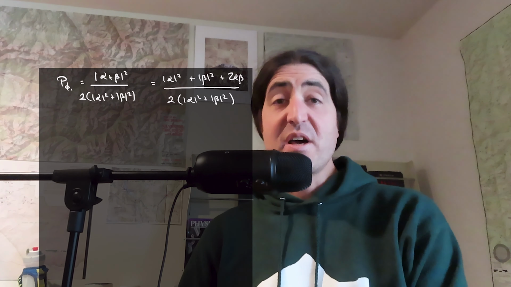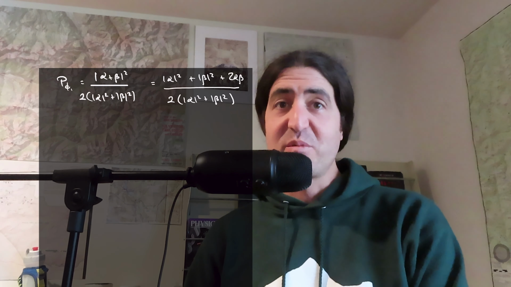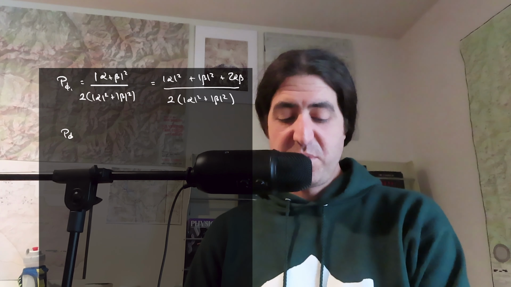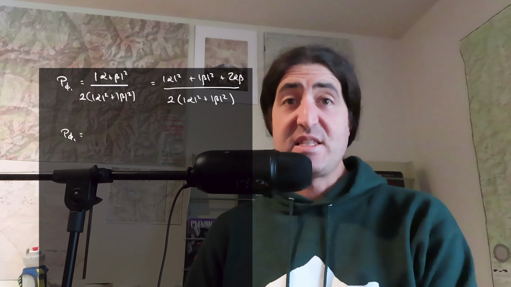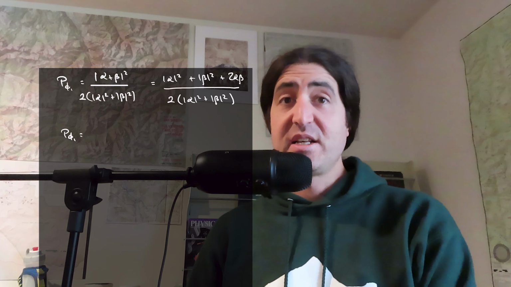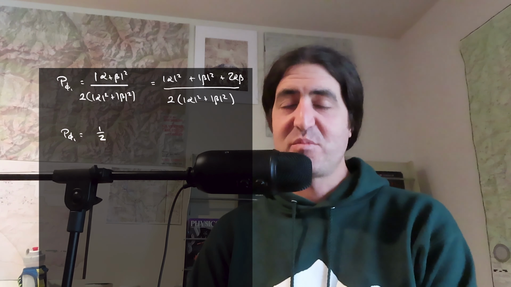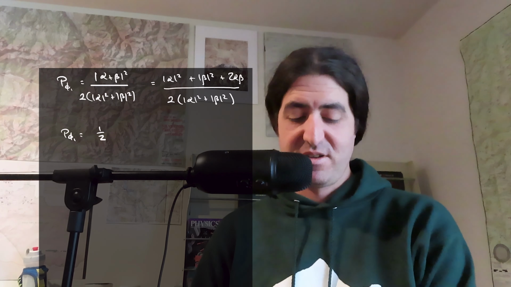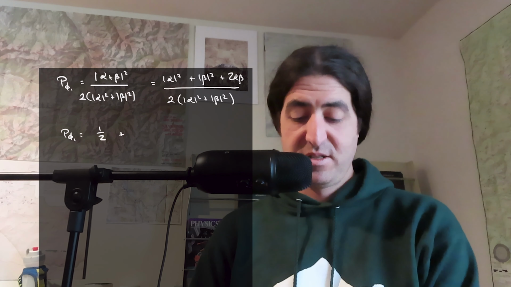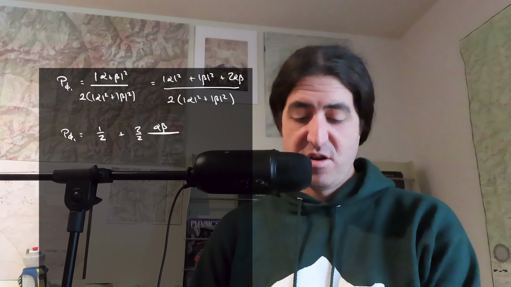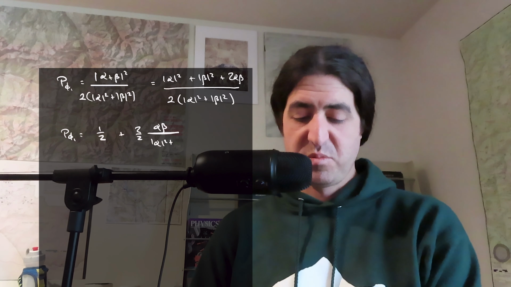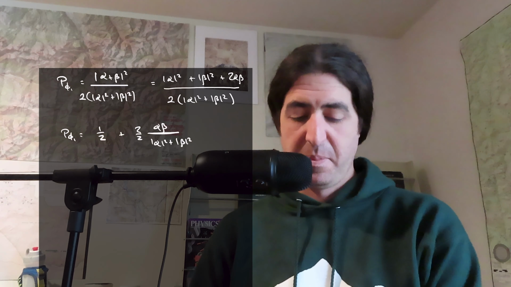Kind of a mess, but let's keep going. Let's simplify a little bit further. So we find that the probability of finding the state in the phi 1 configuration is just 1/2, right? Mod alpha squared plus mod beta squared canceled out, plus 2 over 2, which is 1, alpha beta over mod alpha squared plus mod beta squared.